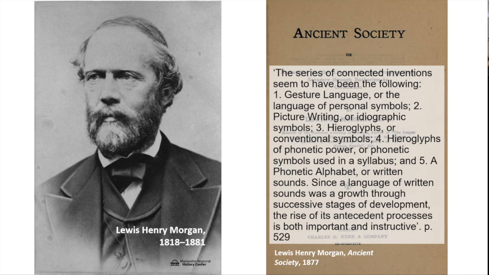Morgan did not expand much on writing as a technology, but many others who adopted his tripartite scheme did. Those adoptees included most American anthropologists and many ancient historians as well, not to mention social theorists around the world, including most influentially Friedrich Engels. So he was a very important thinker in the development of Marxism.